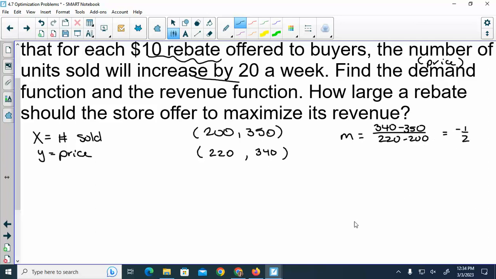And then what do you do? Take one of your points and your slope, plug in y equals mx plus b. So if I just go with the first one, my y is 350 equals negative 1/2 times my x is 200 plus b.